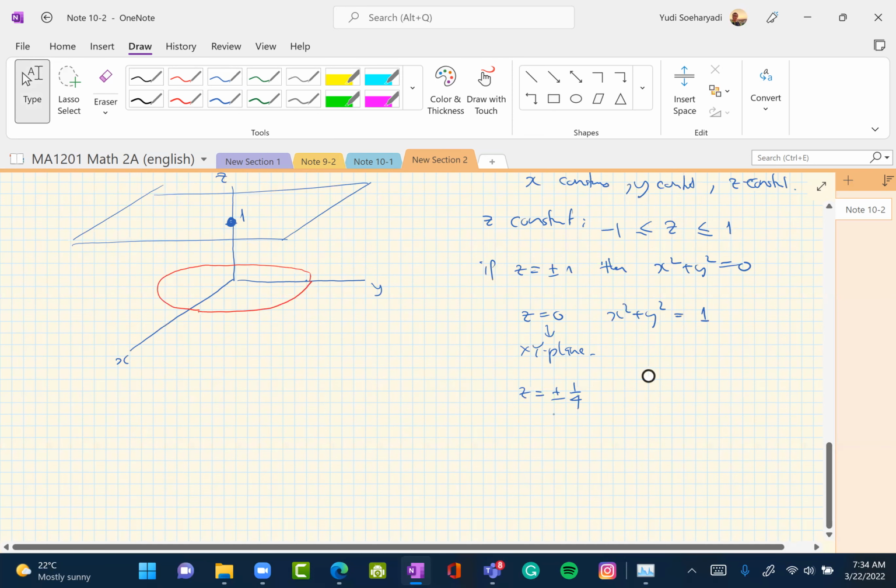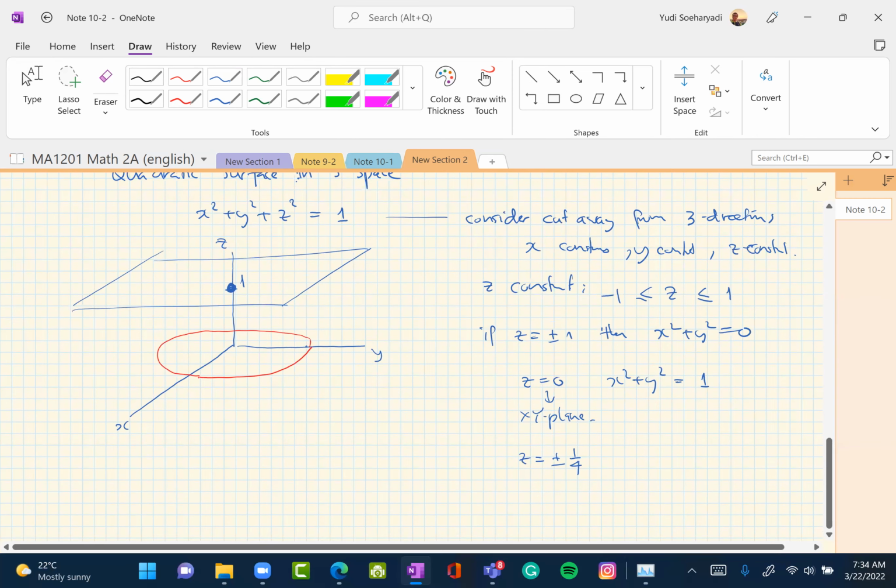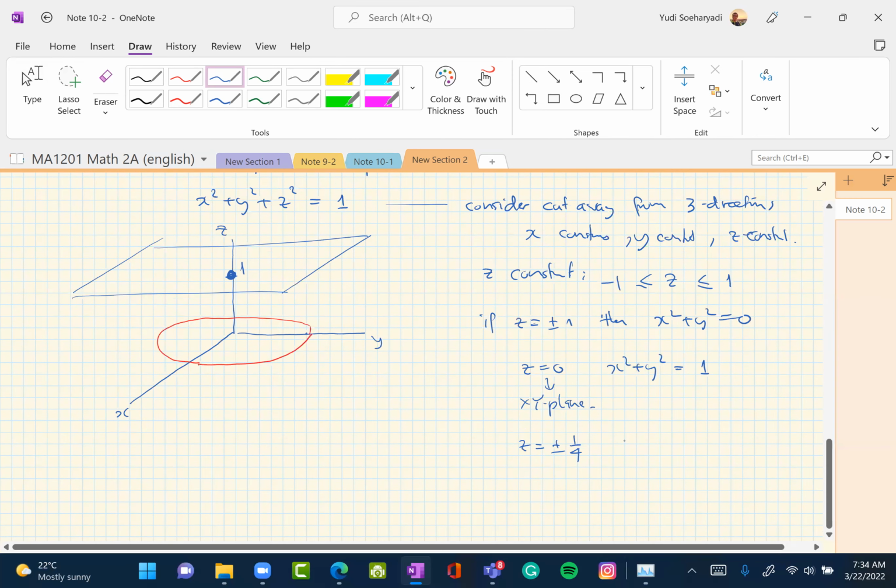Then if you plug in 1/4, you get x squared plus y squared equals 1 minus 1/16. So you get slightly smaller circle.